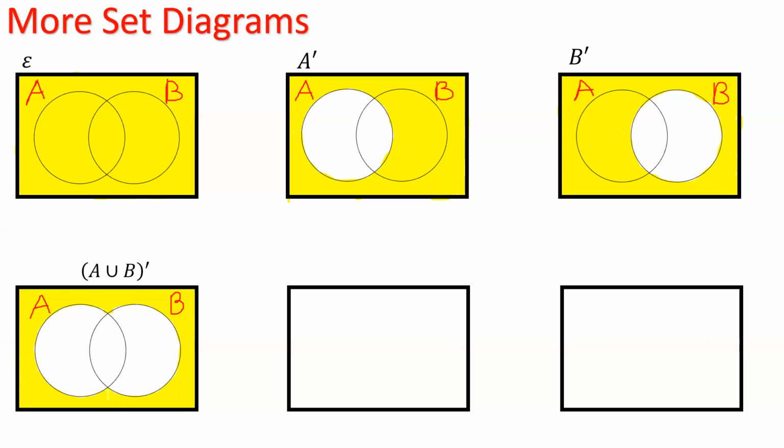So A union B complement is everything inside the universal set except for A union B. All right. Do you understand that? Are we good? Yes, sir. All right, perfect.